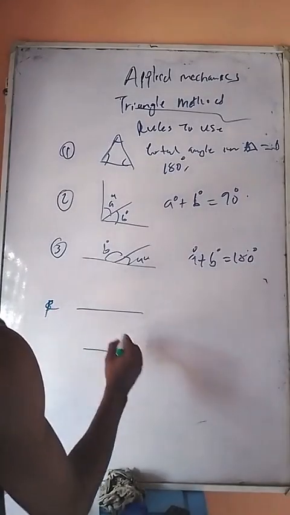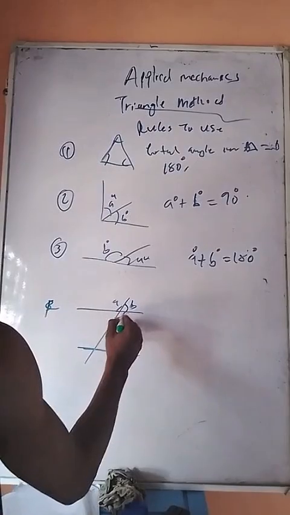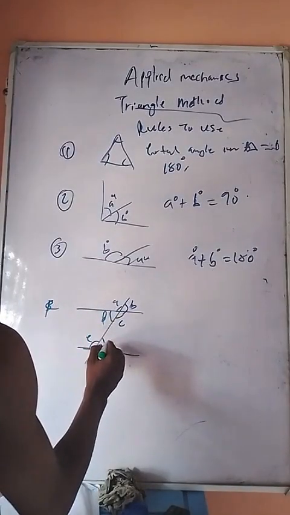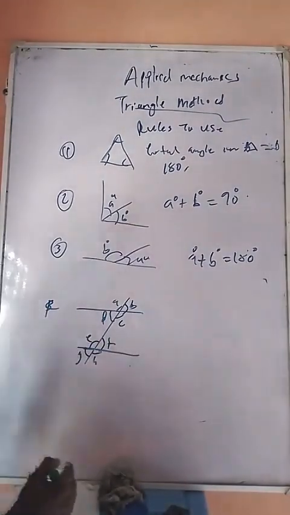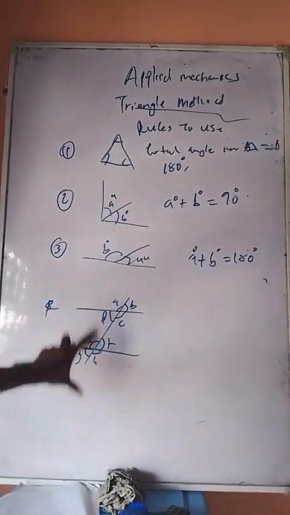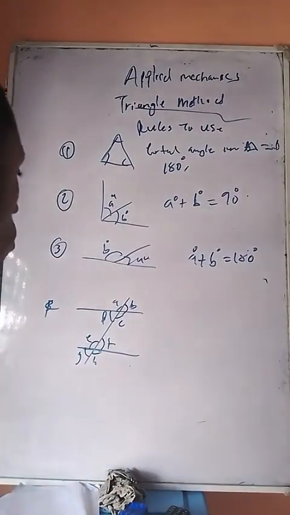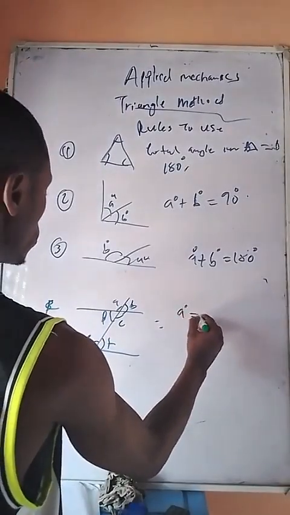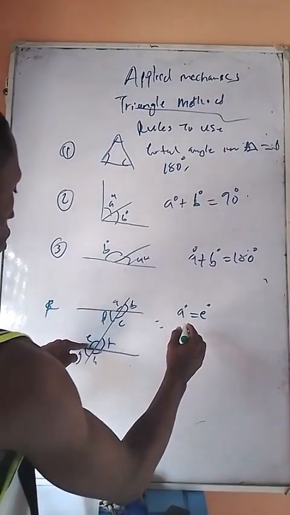Four, for two parallel lines, we have angles A, B, C, and D, and then we have E, F, G, and H. For us to get the line properties from here, we'll notice that, from our grade 2 math, angle A is equal to angle E, right?